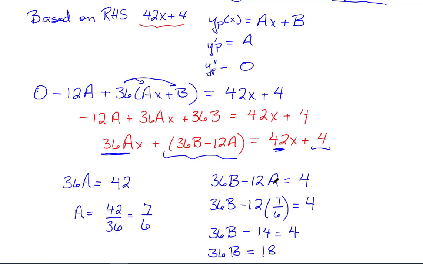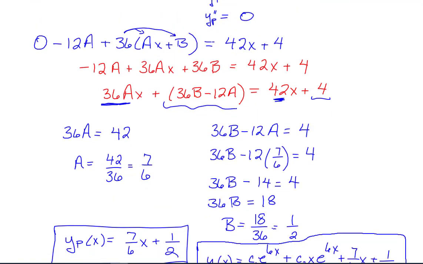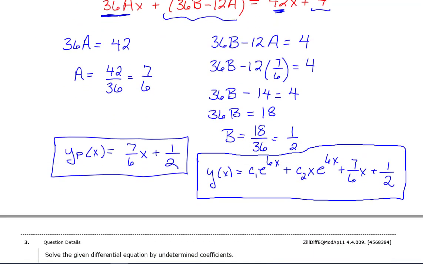Plugging in what I know about a, I get 36b minus 14 is 4, or 36b is 18, giving me that b is 1/2. So my particular solution has this format. I combine that with my homogeneous solution, giving me the general solution to the problem.